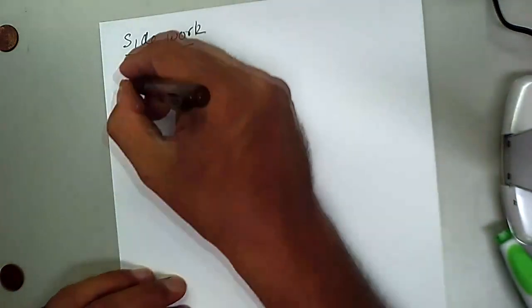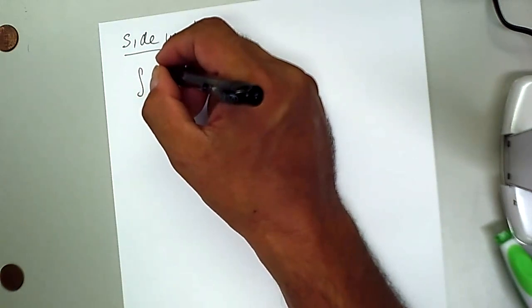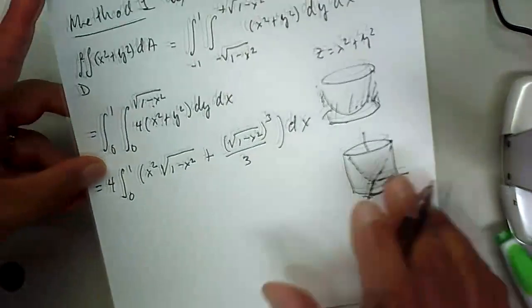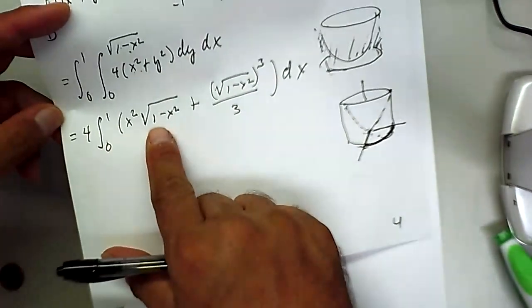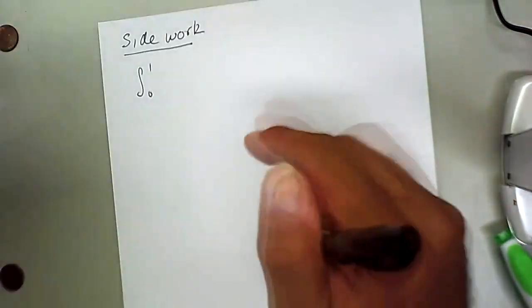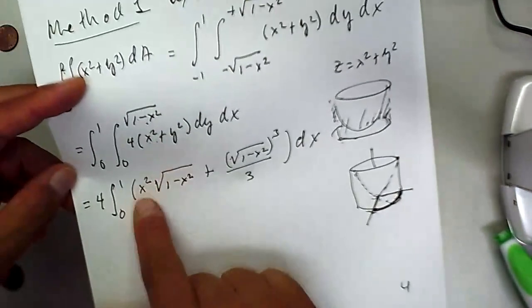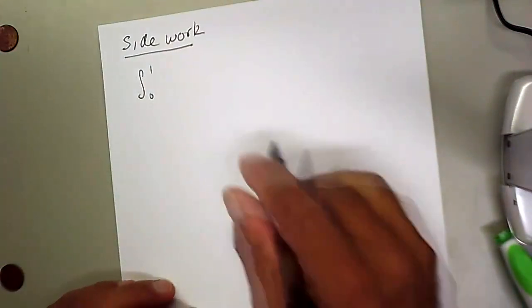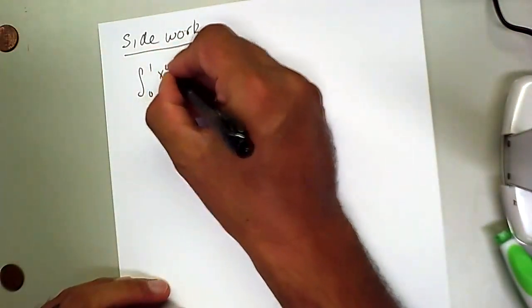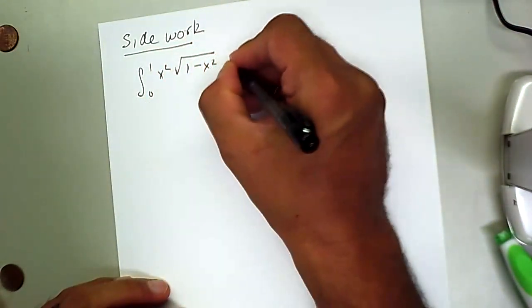Okay, so we want to figure out the integral from 0 to 1 of x squared times the square root of 1 minus x squared with respect to x. We're going to figure out only this part, and then we're going to do the other one.